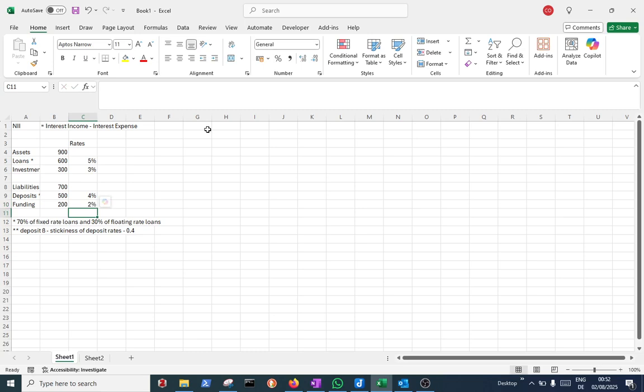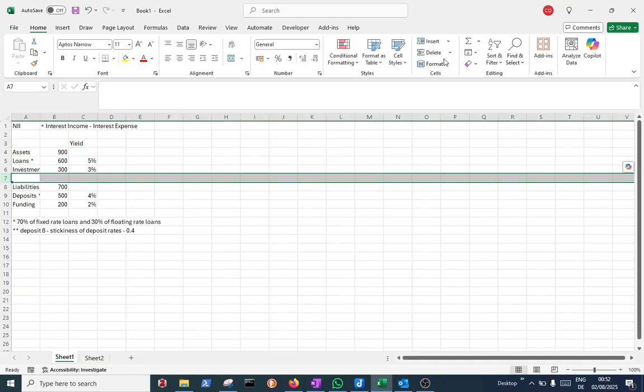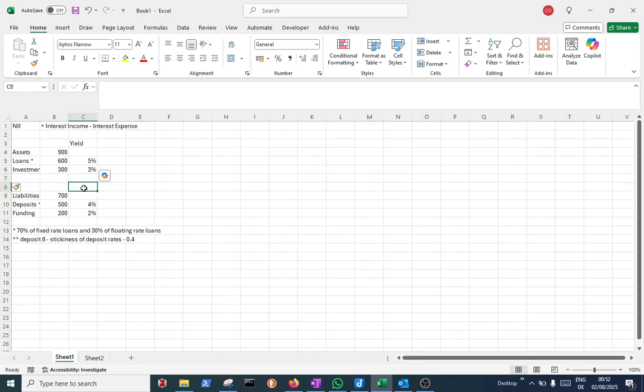And now we have all the conditions that we need to calculate the interest income and interest expense. We shall call the rates for assets yield, and for liabilities we shall call them cost. That will be easy, just distinguishing those two as parts of the balance sheet. So yield and cost.